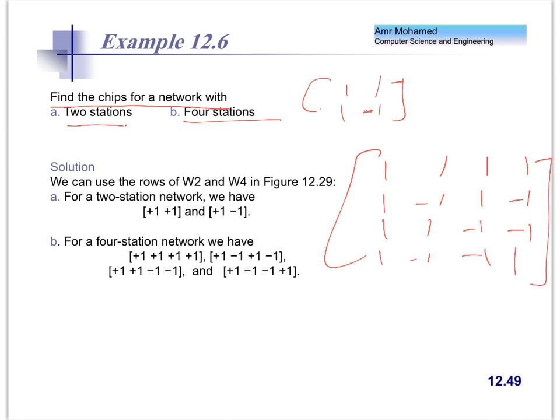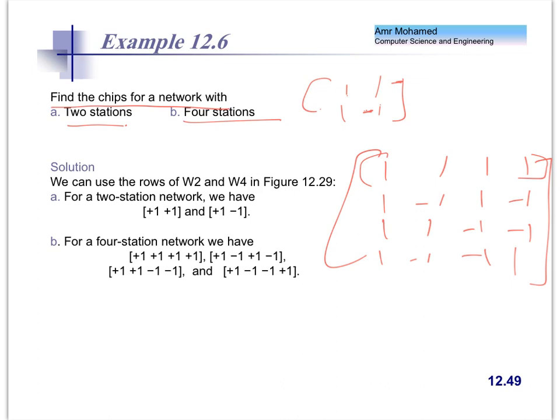So if we have 4 stations, we take each row in this matrix and assign it as the CDMA code to 1 station.